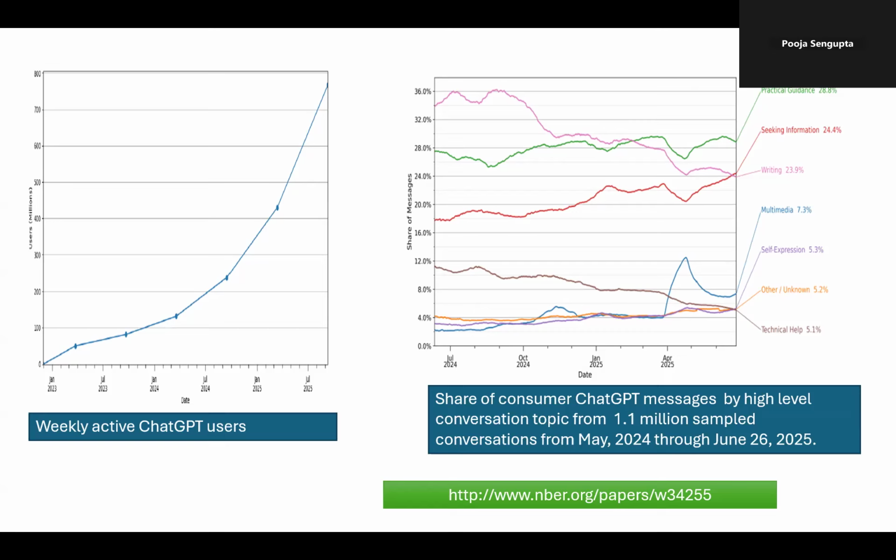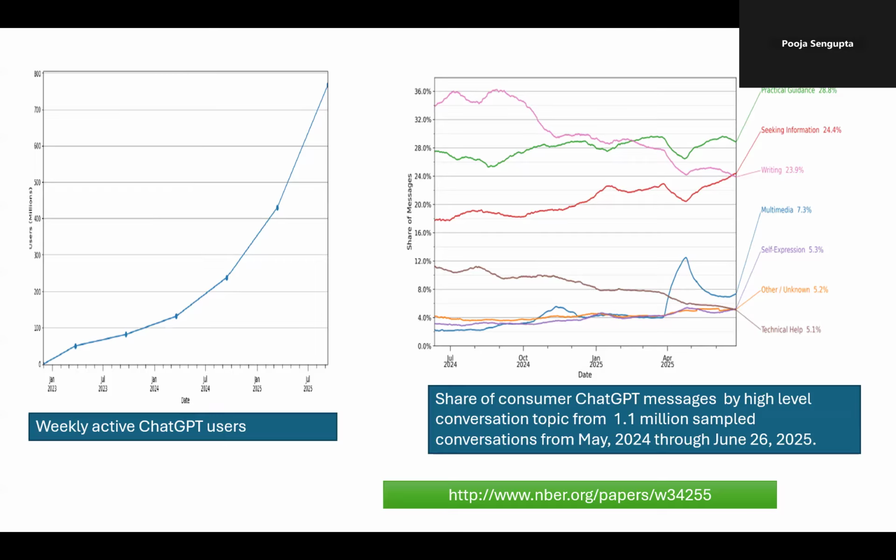If you look at the left panel, we are talking about the number of weekly active ChatGPT users, which, if you notice, in January 2023 was less than 100, and by July 2025, it has crossed 600.